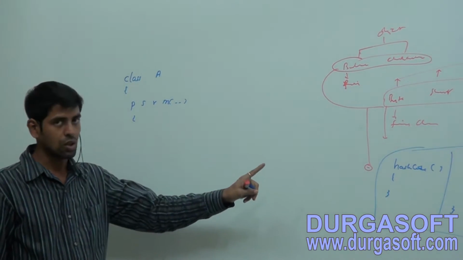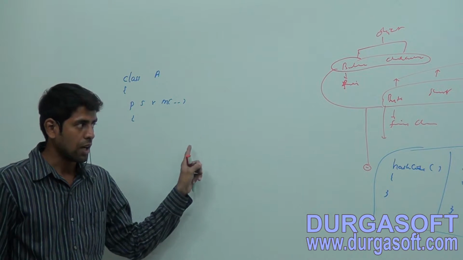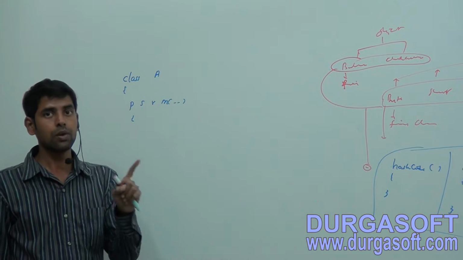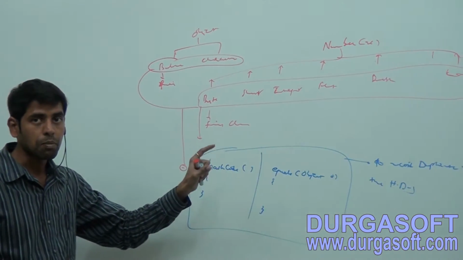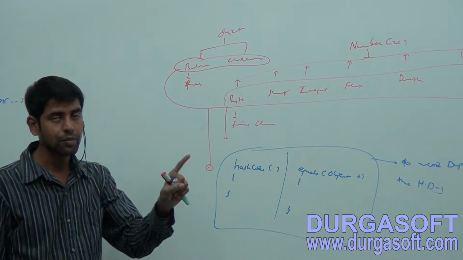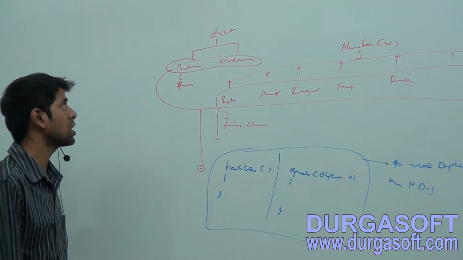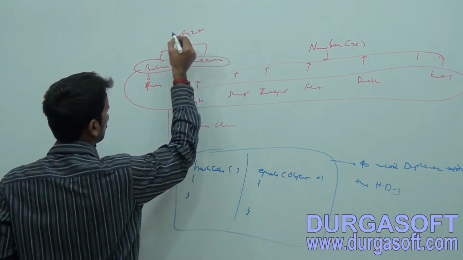I am going to use this knowledge, please observe, and you will get very good clarity about the hashCode method present in a particular class and the hashCode method available within the class called Object.